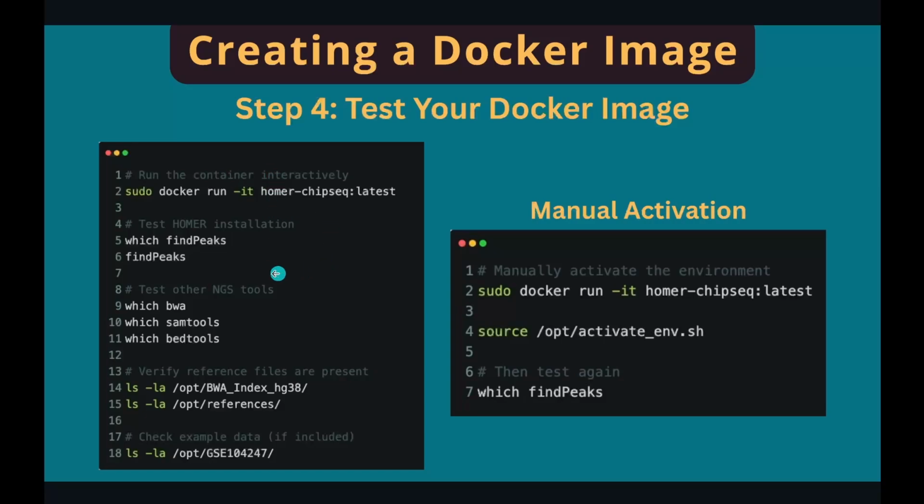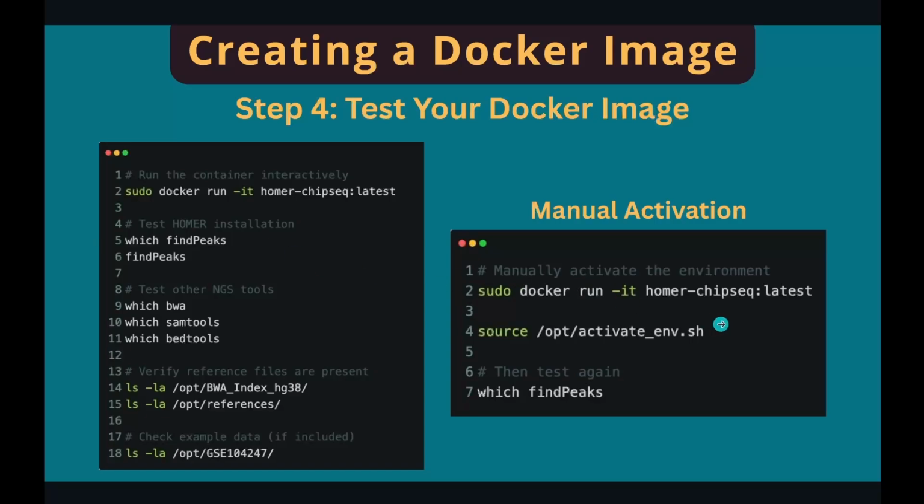Once we're in the environment, we can call the which function to see if the tools are properly installed, which shows the location of the tool. If it tells you the tool does not exist, that means the Conda environment is not properly activated in the environment.